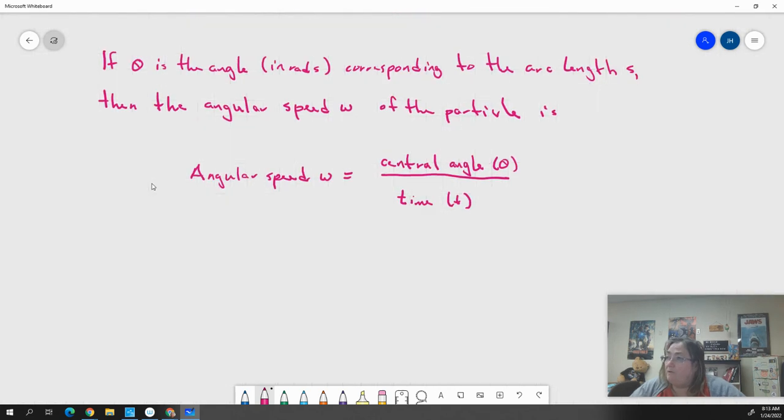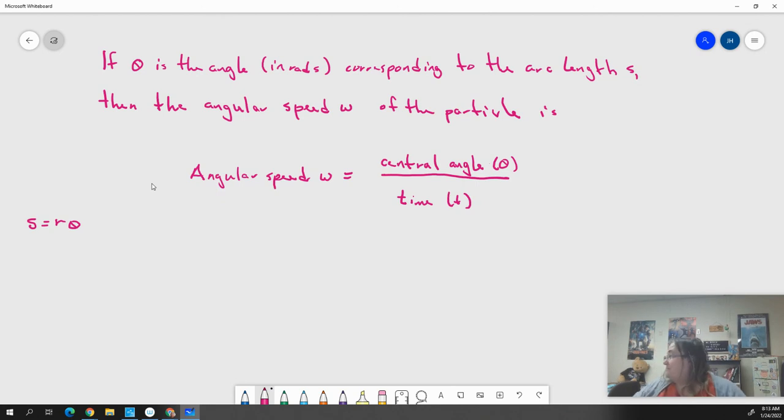So what we know so far: we have our arc length equals the radius times theta. We talked about that before, I think it was last week, when we talked about arc length equals radius times theta.